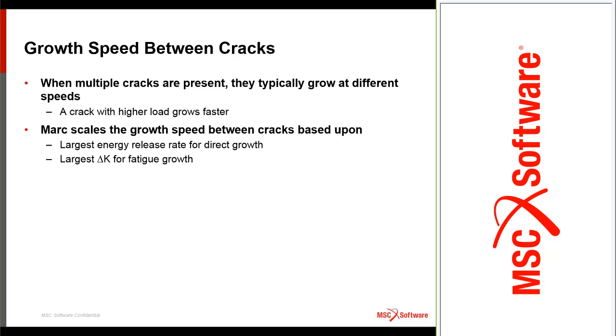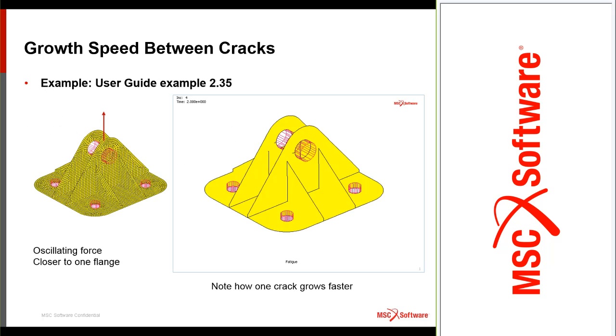And if you use fatigue, we use the delta K, which is the change, the max minus the minimum stress intensity that we collected during the fatigue cycle. And that one is used for scaling. So a large delta K will grow faster than the one with small delta K.